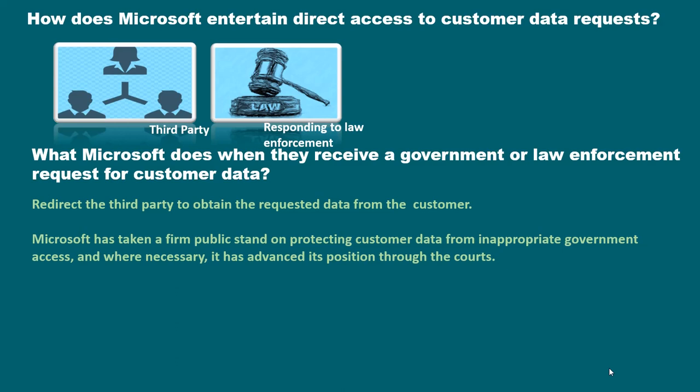In either case, requests may require the release of the customer's basic contact information. Microsoft has taken a firm public stand on protecting customer data from inappropriate government access, and where necessary, it has advanced its position through the courts.